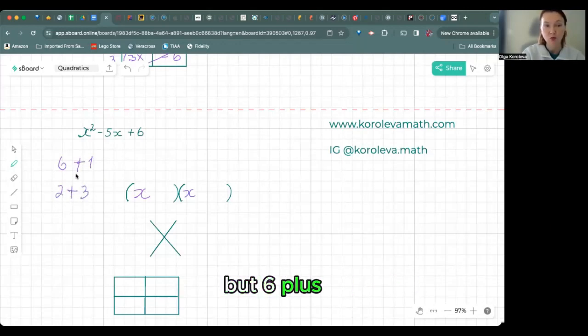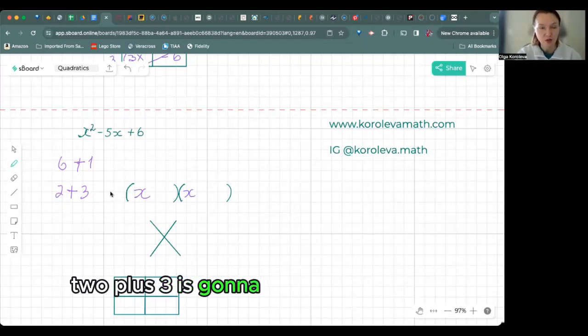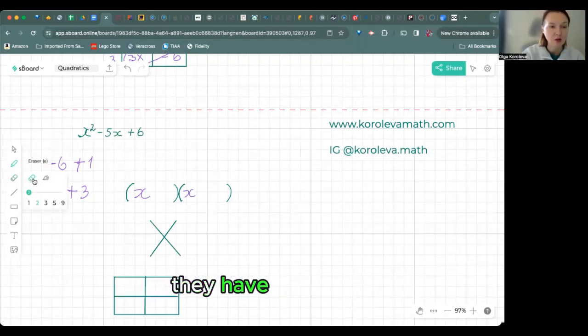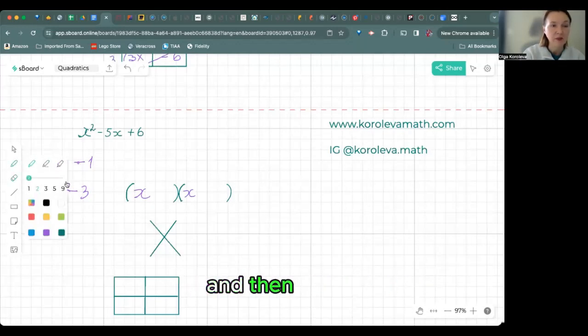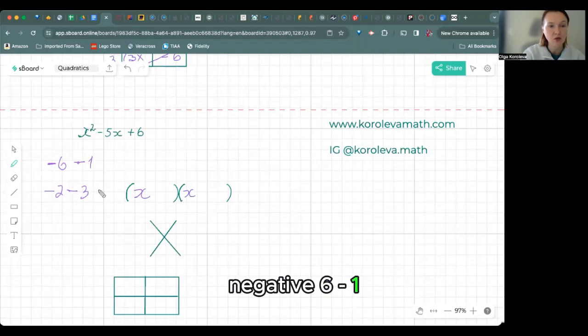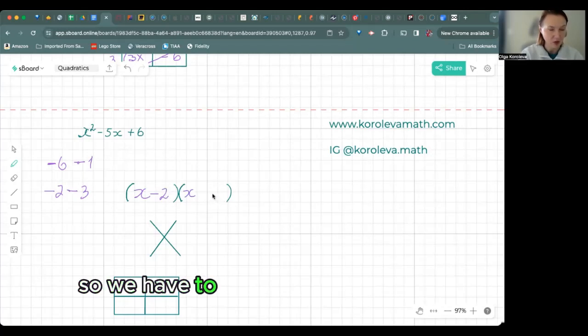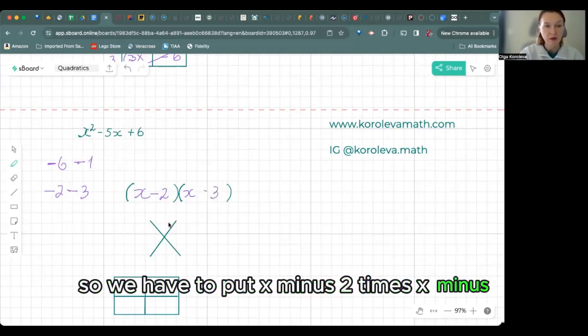But 6 plus 1 or 2 plus 3 is going to give us a positive number, which tells us that both of those numbers have to be negative. So now we have negative 6 and negative 1, and negative 2 and negative 3. Which one gives us negative 5? It's the second one. So we have to put x minus 2 times x minus 3.